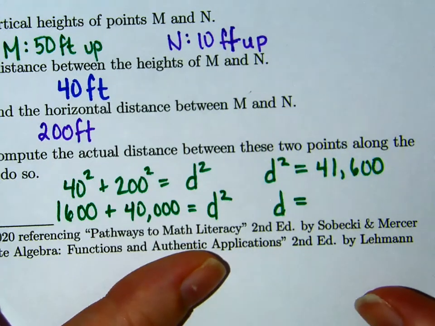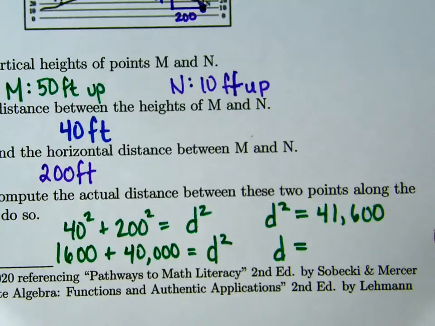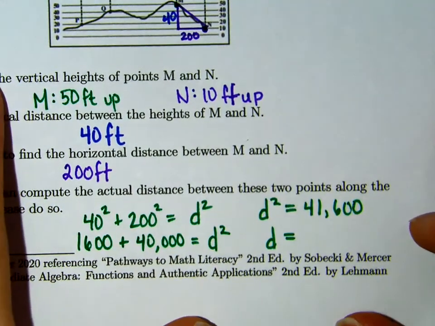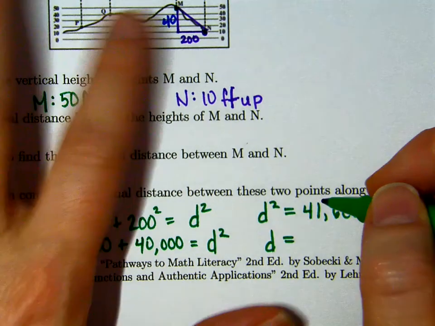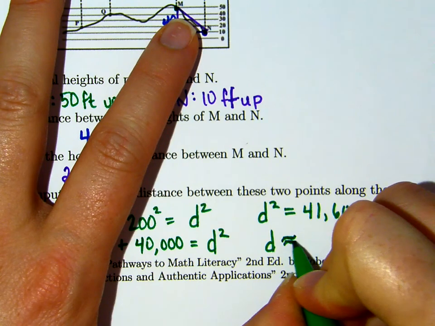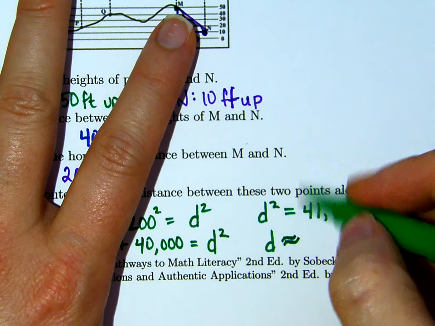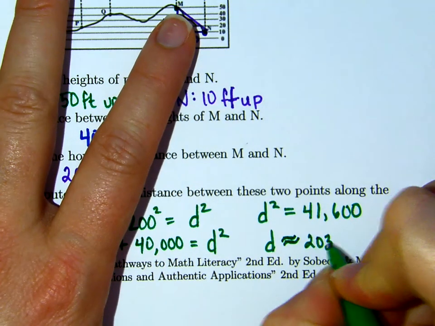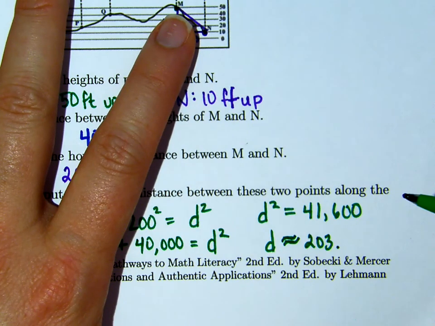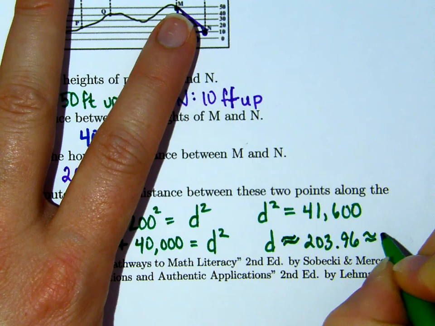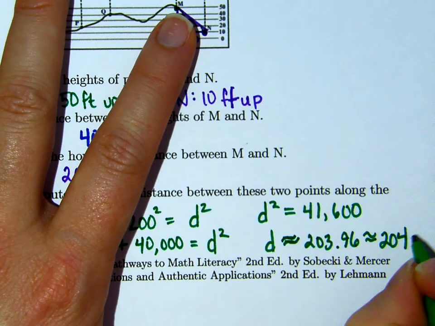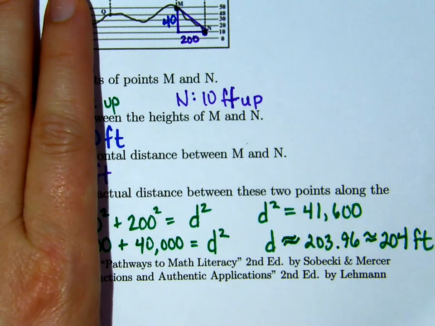And then we're going to need to take the square root of that. It's not equal, it's approximate. We have to approximate this. 203.96. I'm going to round that to 204 feet.